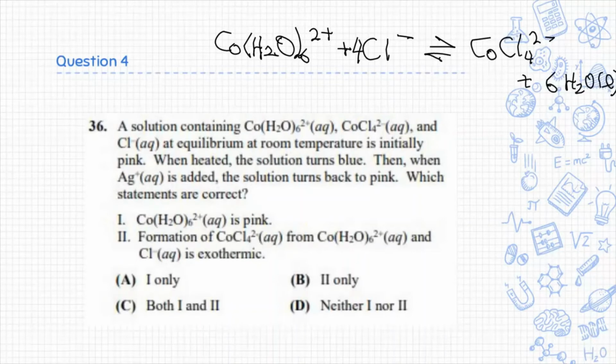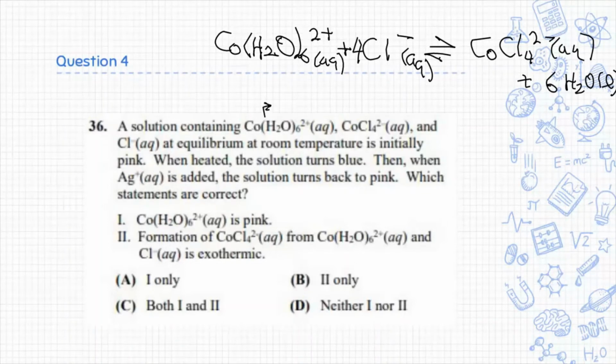Okay, so we'll go through the shifts one by one. And actually, let's start with the second one. When Ag is added, when silver is added, the solution turns back to pink. You should probably know that AgCl, silver chloride, is insoluble, right?